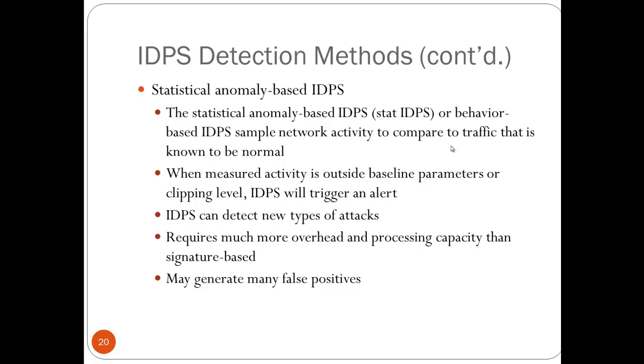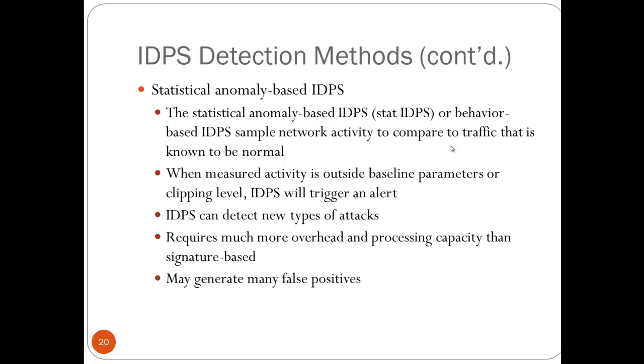The data that's measured from the normal traffic and is used to prepare the baseline can include variables like host memory or CPU usage, network packet types, and packet quantities. Now, the advantage of this statistical anomaly-based approach is that it can detect new attacks because it's looking for abnormal activity of any type, not necessarily abnormal activity just associated with an attack.